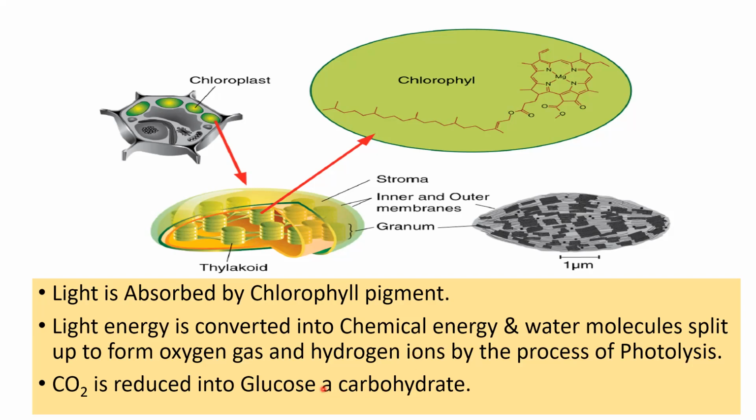The entire glucose molecule does not get consumed immediately after it is formed. Rather, it is changed into starch and stored by plant cells as reserve food material. So all plant cells store this starch in the form of reserve food material.